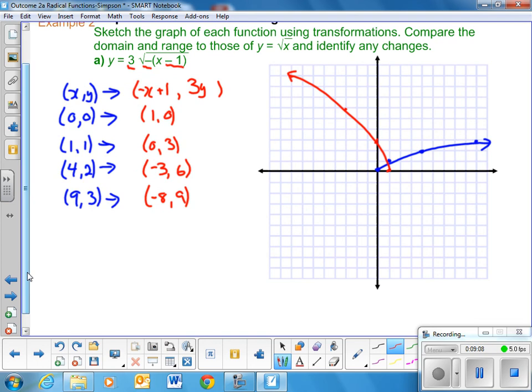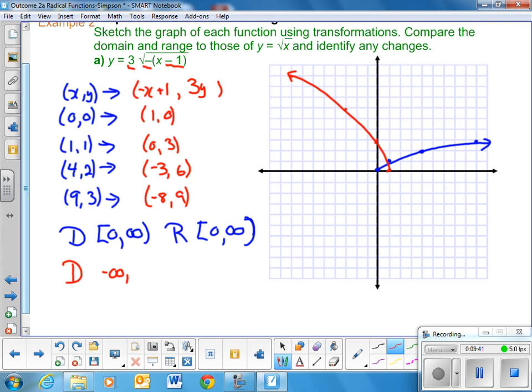So let's compare the domain and range. If we look at our original function, the domain goes from 0 to positive infinity. The range also goes from 0 to positive infinity. With our new transformed function, the domain this time starts to the left, going all the way to negative infinity as the lowest point.